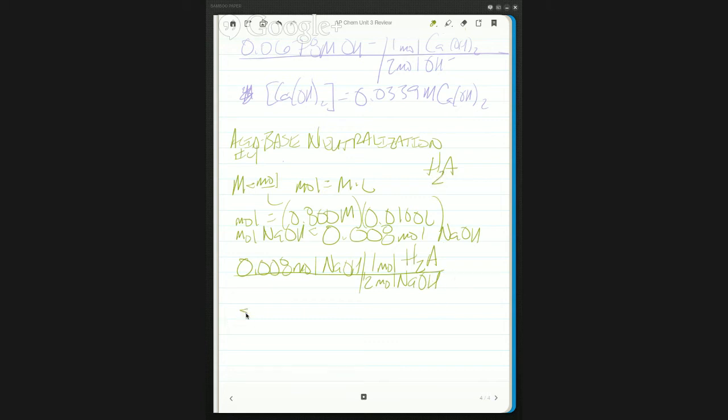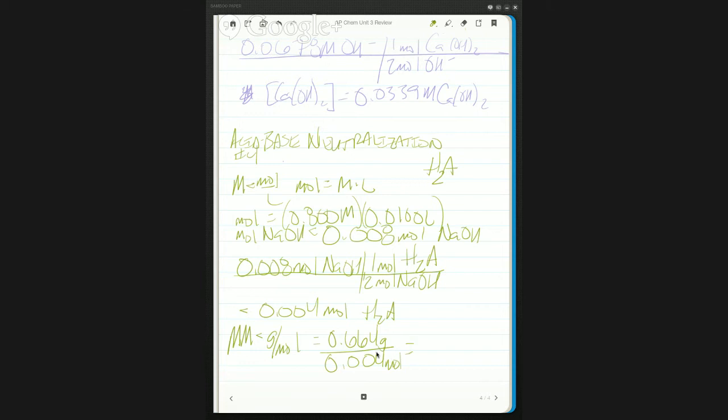So that means it's equal to 0.004 mole of our unknown acid, and we'll call it diprotic. There's 2 H's. Now that we have the number of moles, it's looking for the molar mass. Molar mass is equal to grams per mole, which is 0.664 grams divided by 0.004 moles.